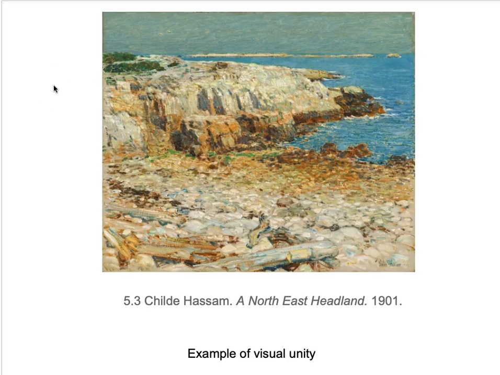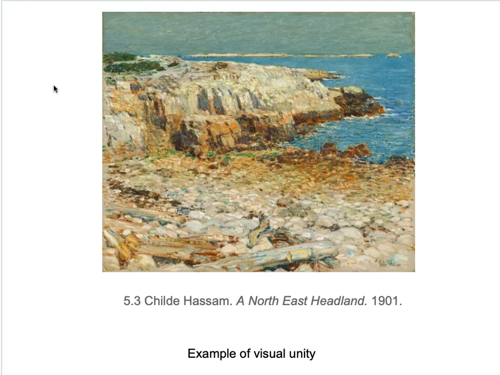The whole thing feels like it goes together because the artist has painted it in a similar style. There's another word we talked about previously. Sometimes the artist's style is just to paint kind of loose and rough and textury with lots of brush strokes. So that's how I would see unity.